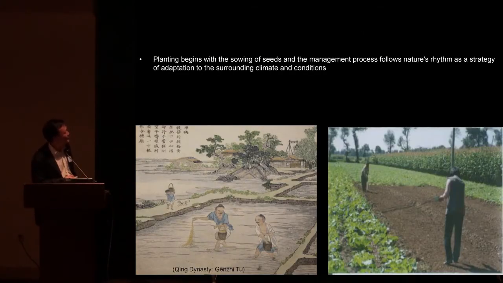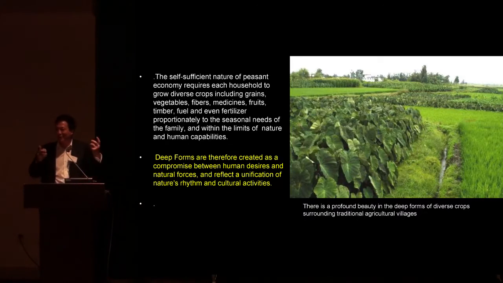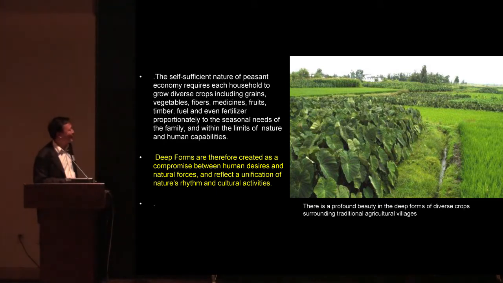Planting begins with sowing of seeds, and this management process follows nature's rhythm as a strategy of adaptation to the surrounding climate and conditions. Sowing is the most economic way to grow. The deep forms are therefore created as a compromise between human desires and natural forces, and they reflect a unification of natural rhythm and cultural activities.